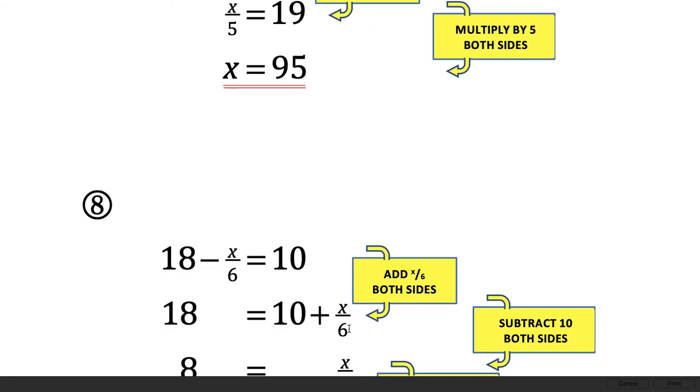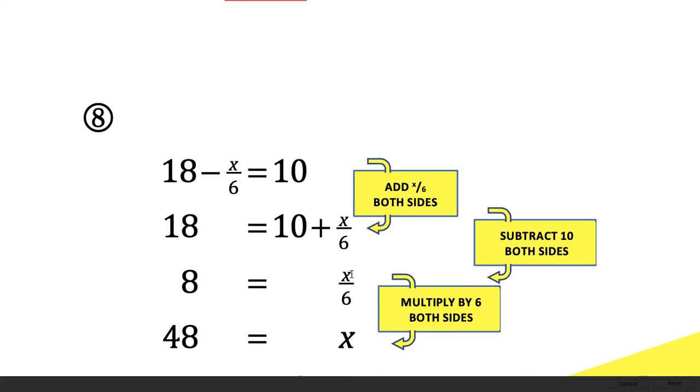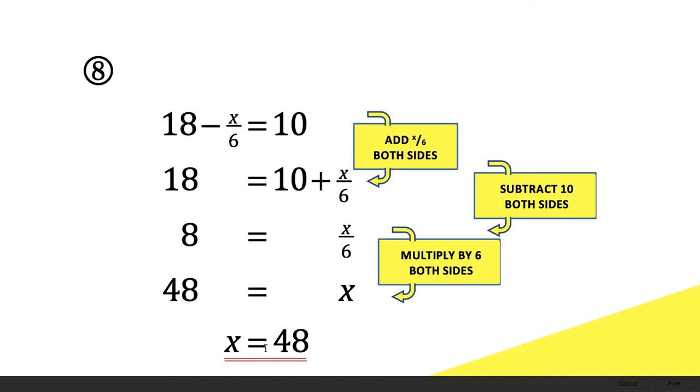I'd quite like to get that x over 6 bit on its own, so I'm going to take away the 10 from both sides. So taking away 10 from both sides, I get 8 is equal to x over 6, and then multiply everything by 6 to figure out what a whole x is. And then multiplying by 6 both sides, I get 48 is equal to a whole x. So that's my final answer, x equals 48.